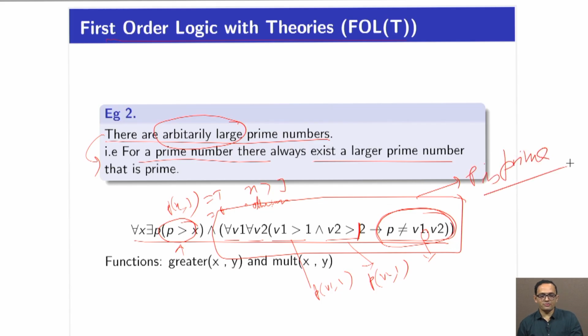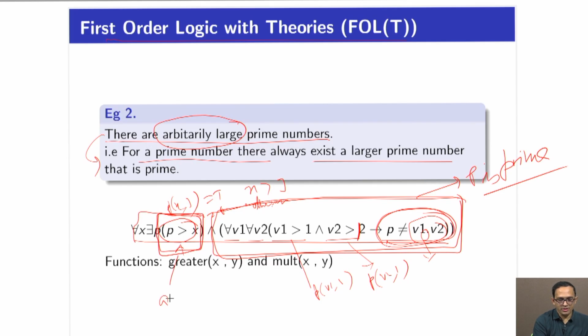So, you are saying that for all possible values of v1 and v2, if you multiply them it is not equal to p. So, that means p is not divisible by other than 1 and that number. So, this part is basically talking about p being a prime number, nothing else, and this part is saying the arbitrarily large.